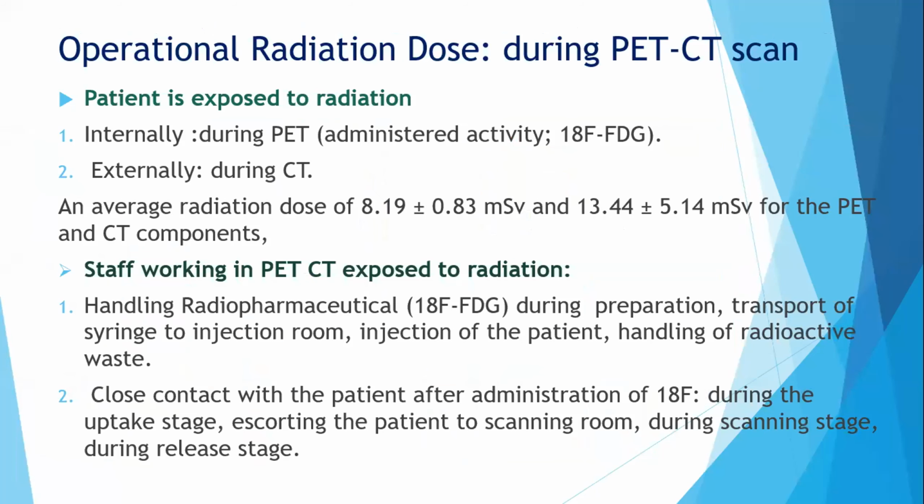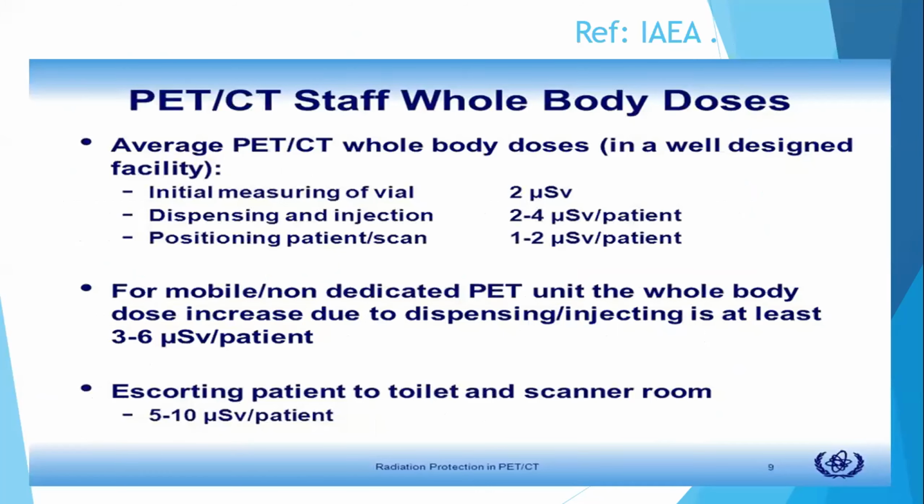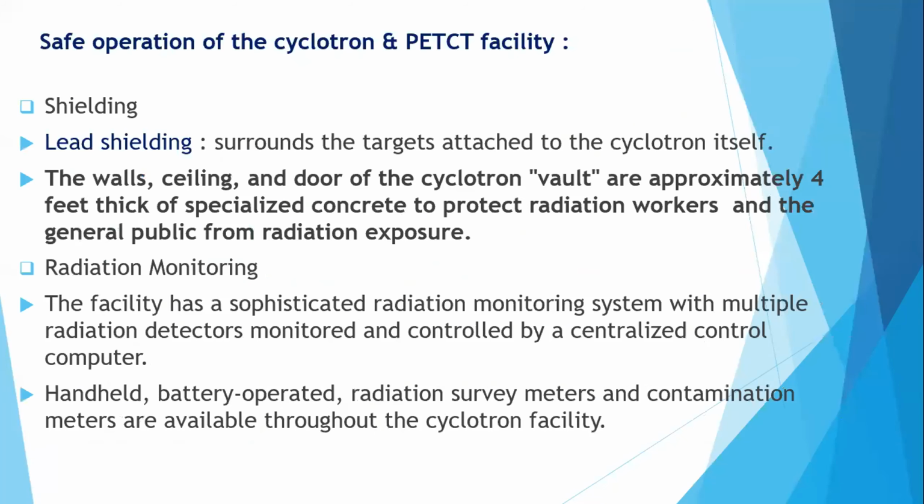Operational radiation dose during a PET-CT scan: the patient is exposed to radiation internally and externally, and staff working in PET-CT are also exposed to radiation during handling of radiopharmaceuticals and close contact with the patient after administration of fluorine 18. This is the IAEA-provided PET-CT staff whole body doses.